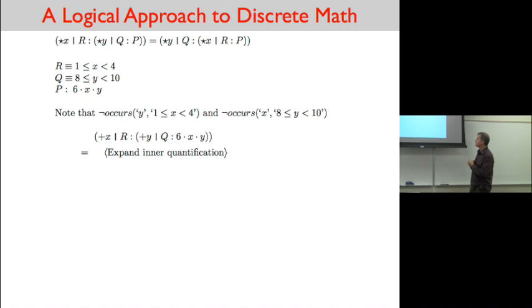So Josh, since you're so good at spelling out all of this stuff, we're going to start with the left-hand side. The example is plus over x, range r, body, plus over y, range q, body, 6 times x times y. Now, in the first step, we're going to expand the inner quantification. So can you tell me what this next line is going to be?